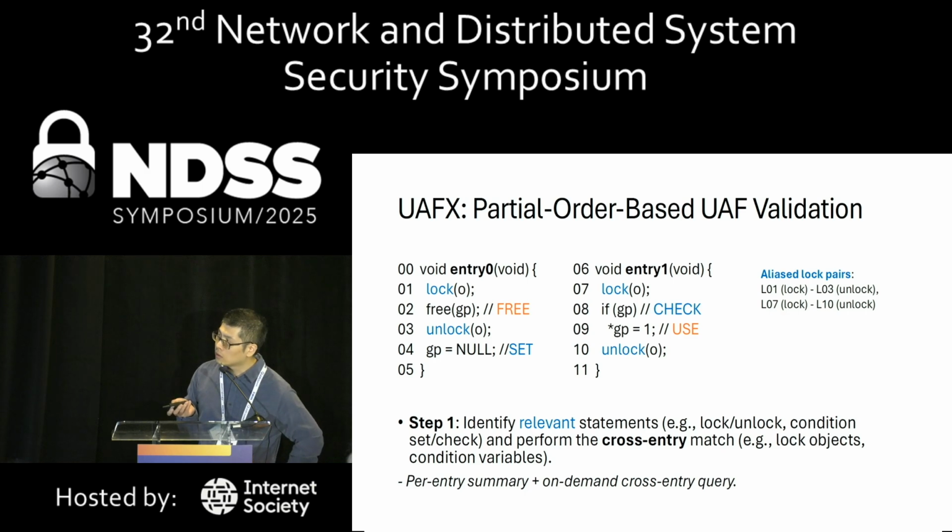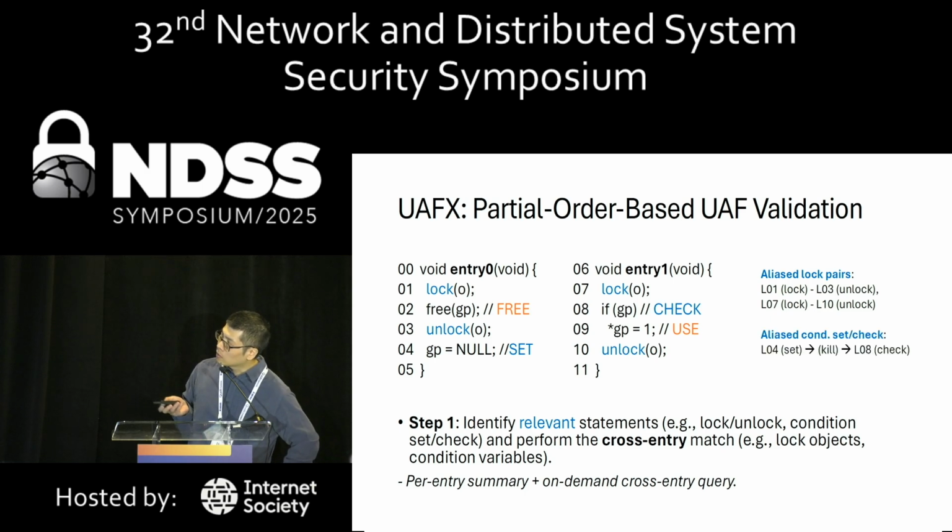But one important thing to note is that we not only need to identify these program statements within a single entry function, we also need to carefully match them across different entry functions. I mean that we need to know that the two locks in different entry functions actually operate on the same lock object. And this is similar to our previous cross-entry alias analysis. So we basically follow the same procedure. First, the per-entry analysis, and then on-demand query to ensure that they operate on the same object.